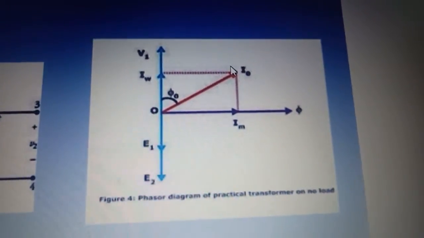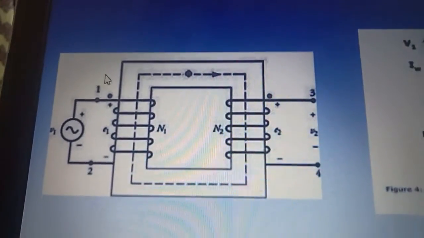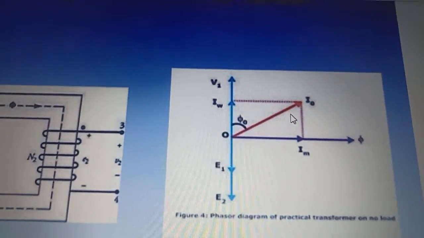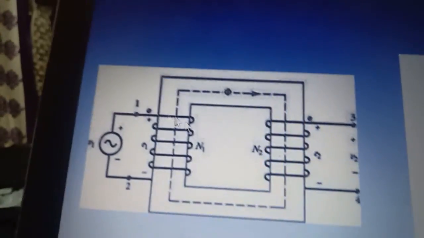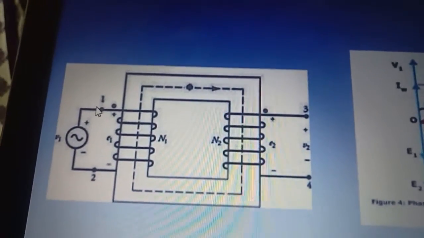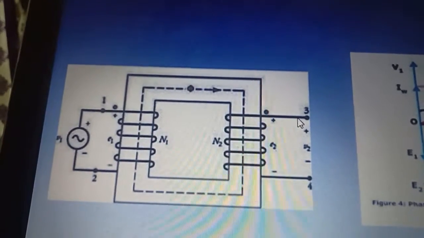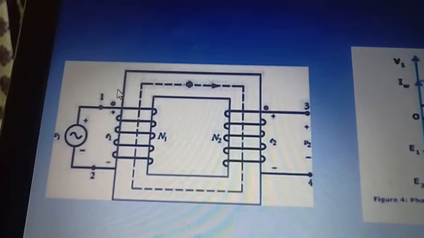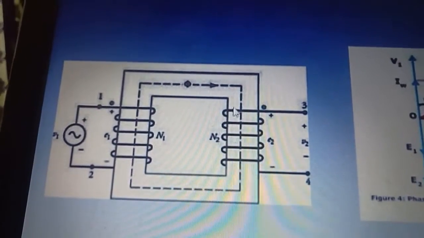I0 is mentioned here, try to understand. As I said, the primary current is I1, but here it is mentioned as I0. Why? Because I0 is called the no load current. If load connects, then I1 appears here. Suppose you want to get a current in the secondary.